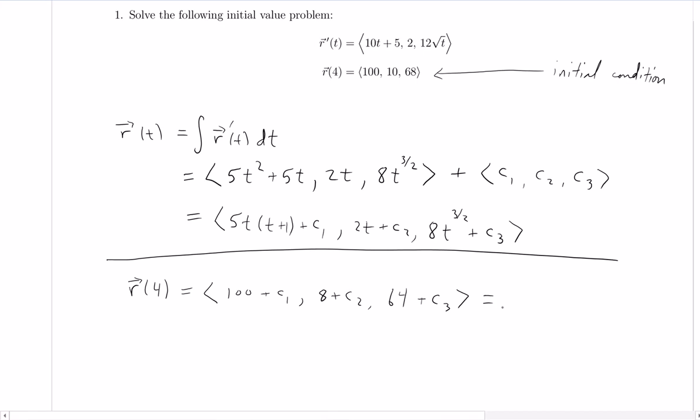Okay, so using our answer above, if we plug in 4, this is what we get. And the initial condition is telling us that we should choose the constants so that this is equal to 100, 10, 68. So the first component, the x component, is already 100. So that tells us that c1 should be 0.